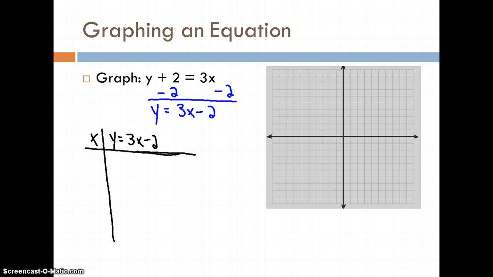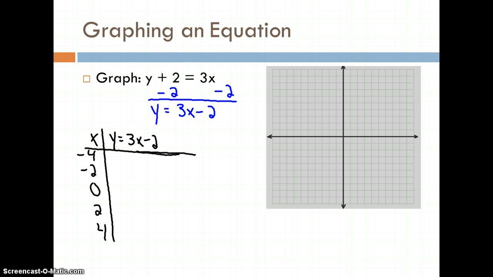Okay, so again, I'm going to suggest a couple negative, a couple positive. I'm going to go negative 4, negative 2, 0, 2, and 4.